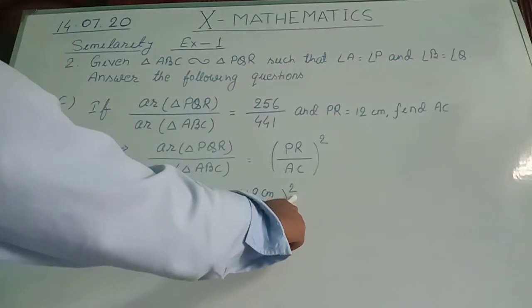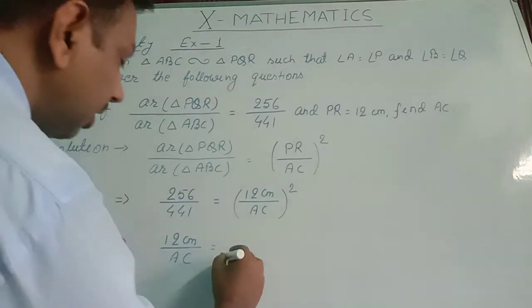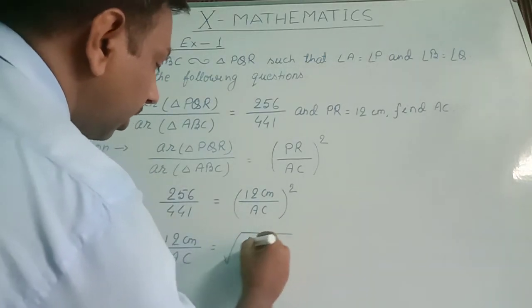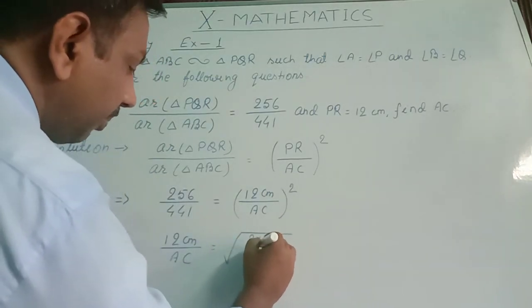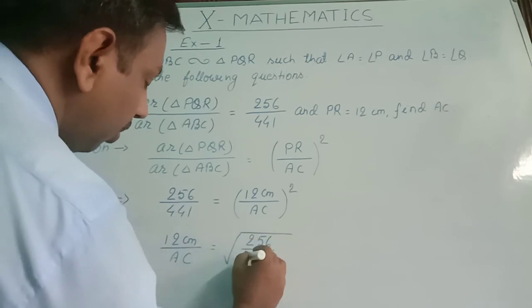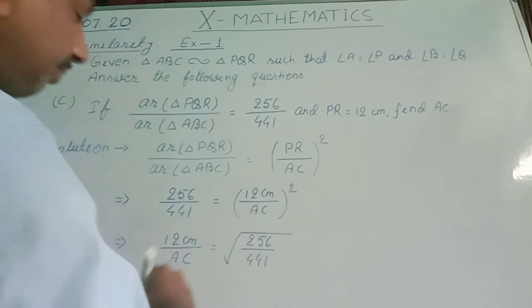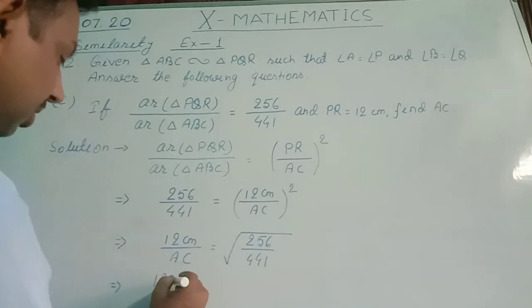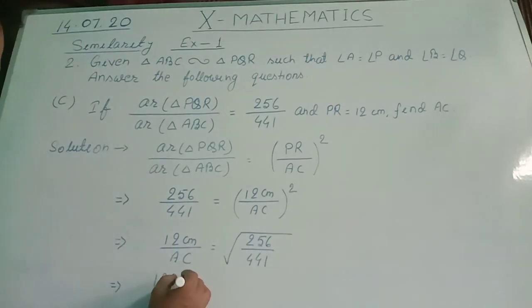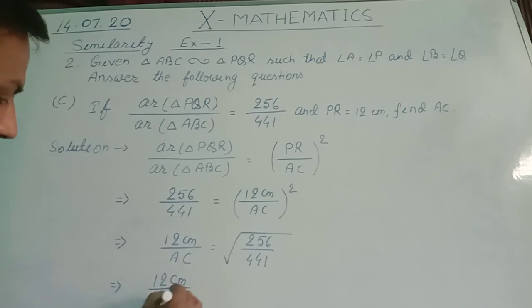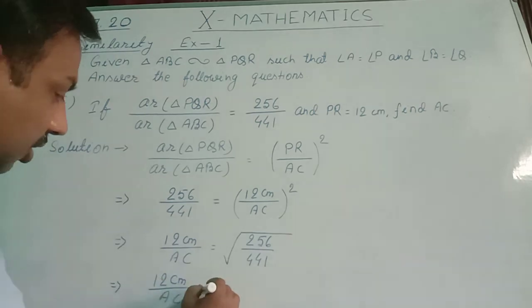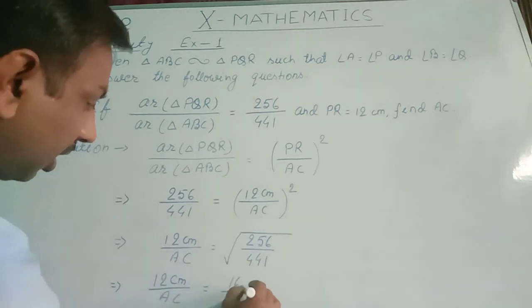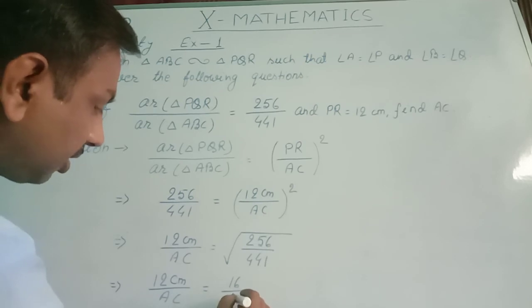I have omitted this whole square. So the square root will come on this side. We will write under square root 256 by 441. It means 12 centimeter by AC is equal to 16 by 21.